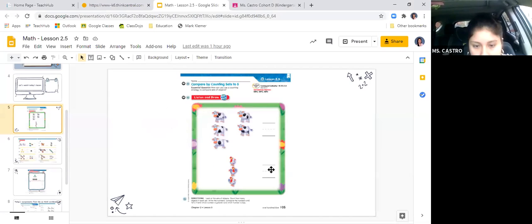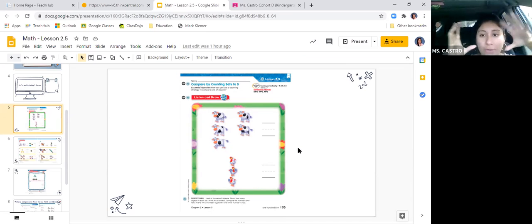Going back to the presentation. So looking at the instructions, it's asking which number is greater and which number is less. So boys and girls, remember, the number that's greater is the number that's bigger. The number that's less is the number that's smaller.